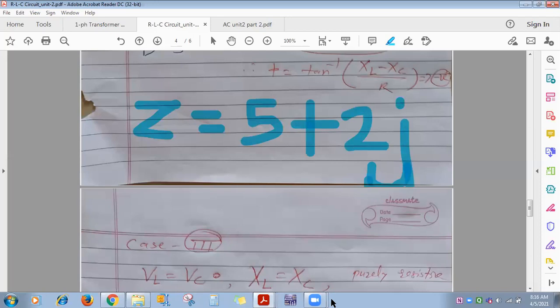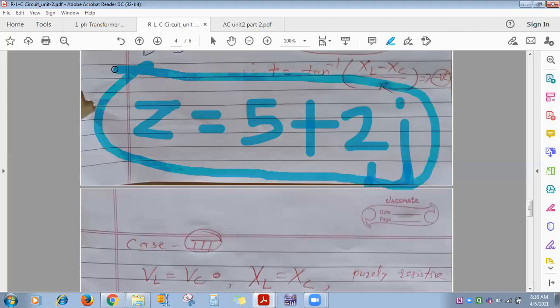Can you tell me, will you consider it as more inductive or more capacitive? More inductive. Very good. Why? Because the imaginary part is positive.